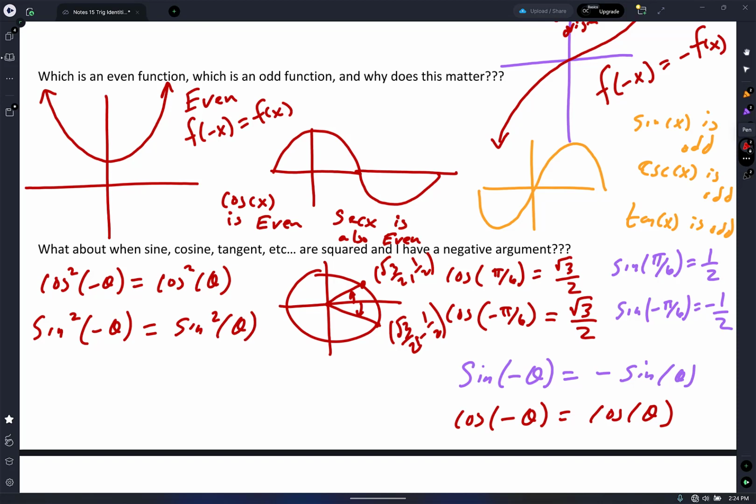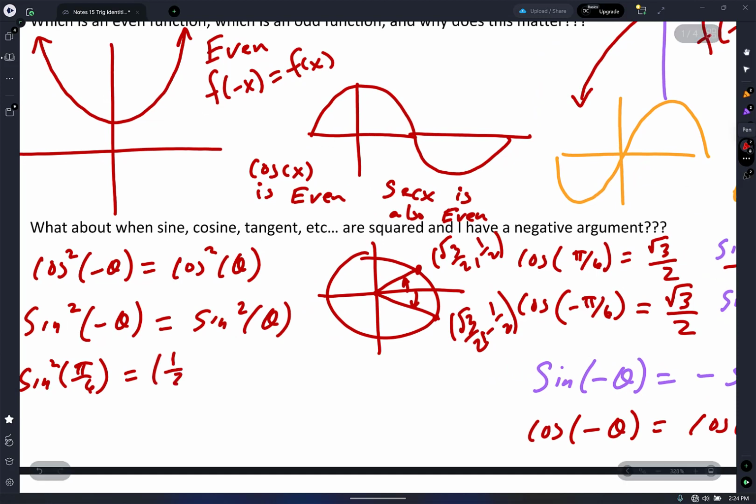Okay, I'm going to use the same example. I'm going to use pi over 6 first, because that's what I used over here. Sine squared of pi over 6. Well, what does that mean? That means that 1/2 is squared, and if I square it, that's 1 over 4. You guys see that? All right, so now let's see what this means if I put a negative pi over 6. Sine squared of negative pi over 6.